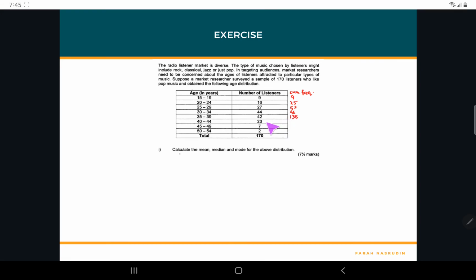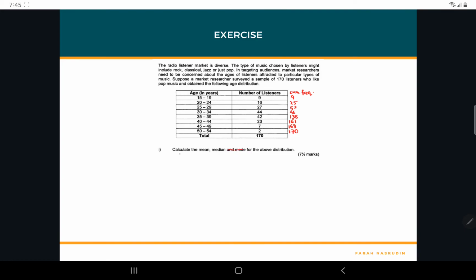So 138 plus 23 equals 161, and then plus 7, 168. Okay, and then 170.